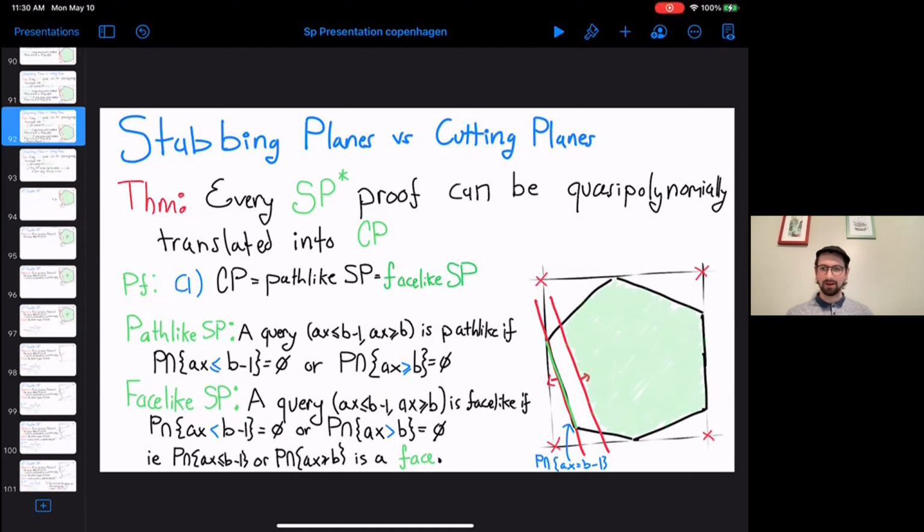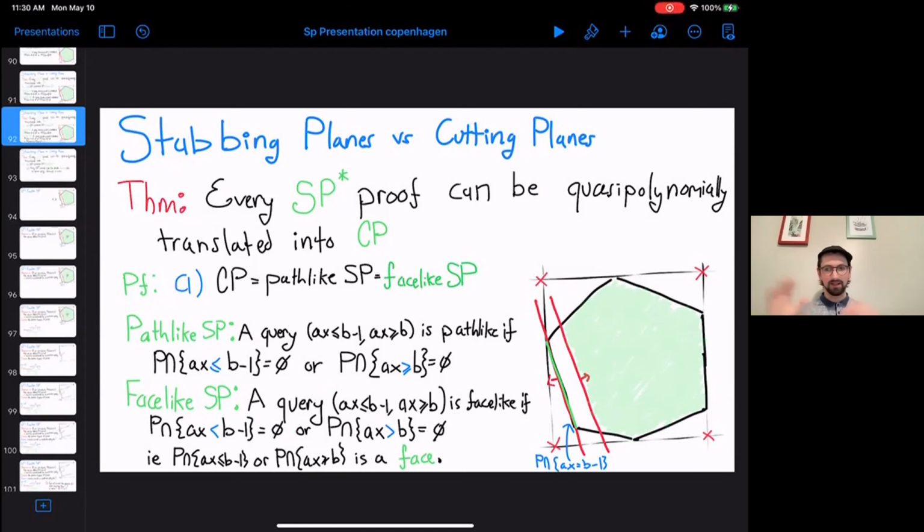Basically the problem is that at every line in stabbing planes, you take a polytope, you stab into it, you bisect it into two subpolytopes. And these inferences are not sound in the way that proofs usually are. Like they are sound, but usually in proofs, you have two lines, you take a sound deduction from them.